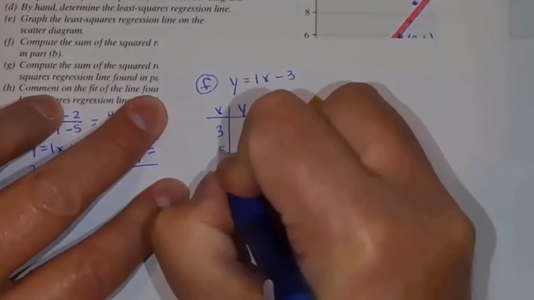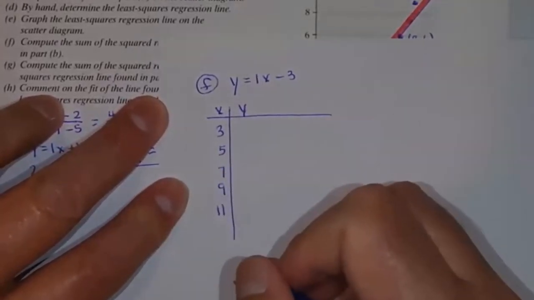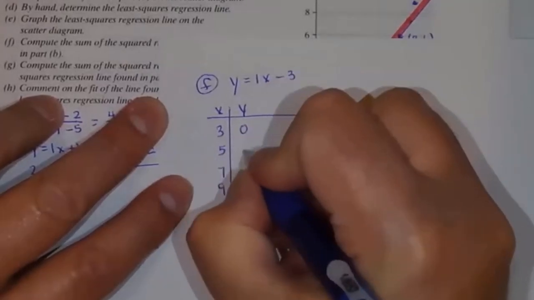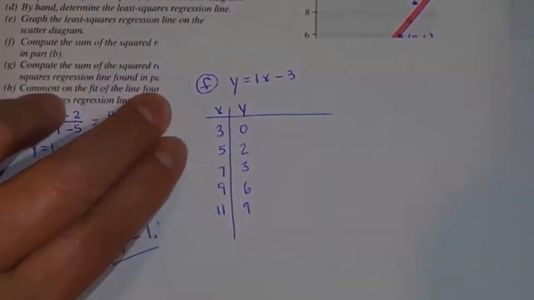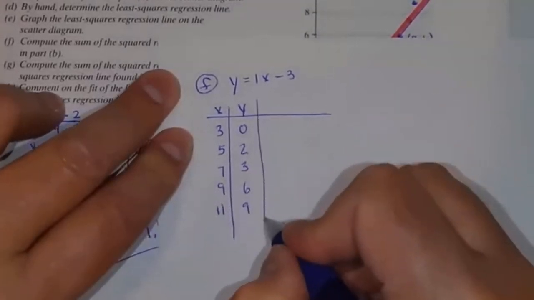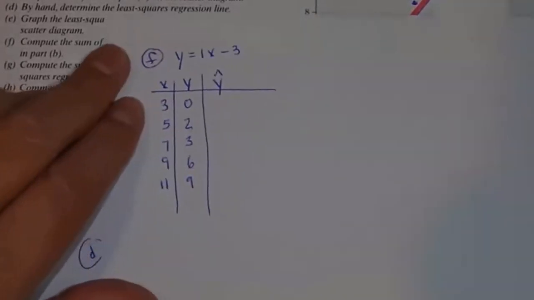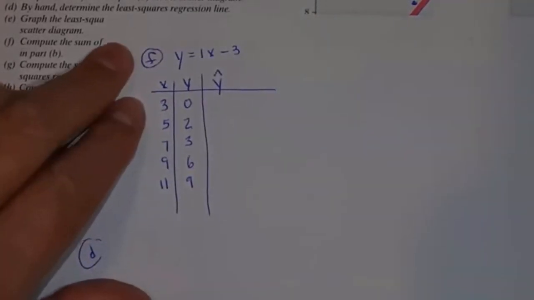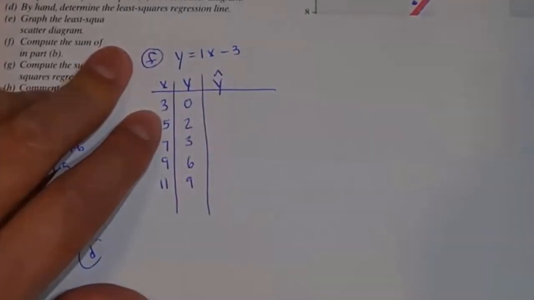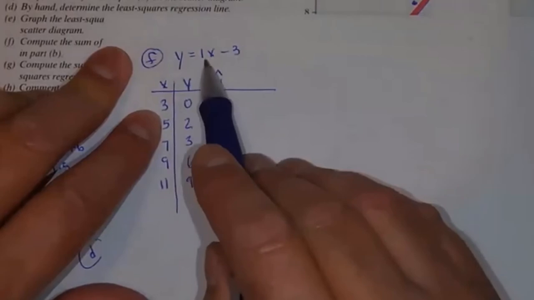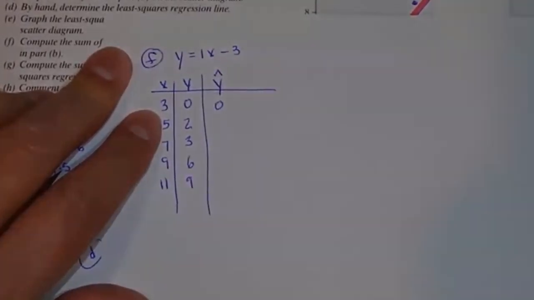So we had 3, 5, 7, 9, 11 as the actual x values, 0, 2, 3, 6, 9 as the observed y values. So the first thing I'm going to do to find the sum of the squared residuals is find all of the predicted y values. If I substitute 3 in this equation, y would equal 1 times 3, which is 3, minus 3, which is 0.